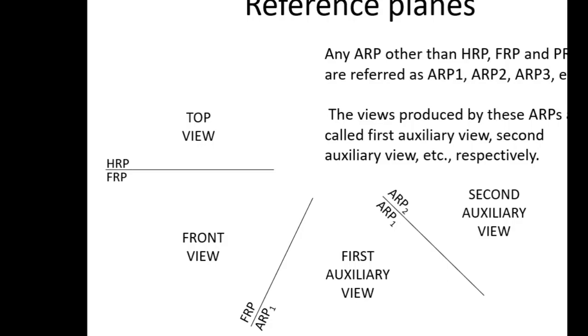The views produced by these ARPs are called the first auxiliary view, second auxiliary view, etc., respectively.